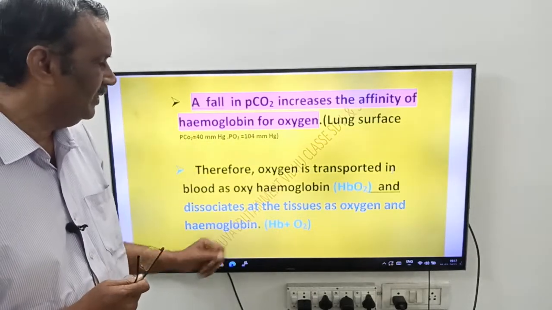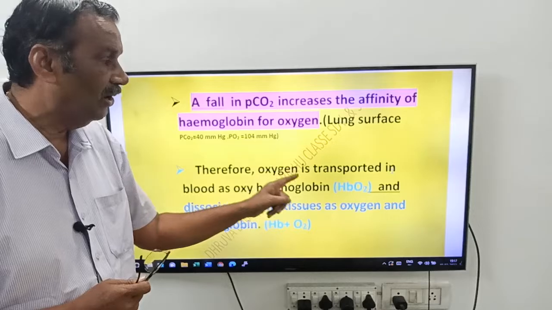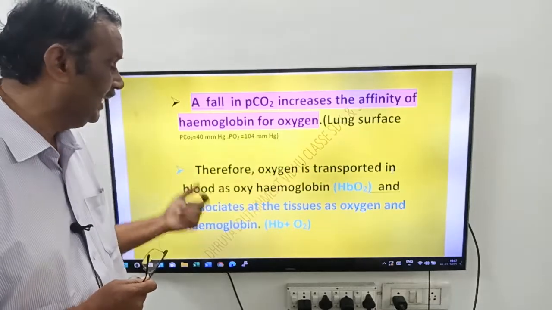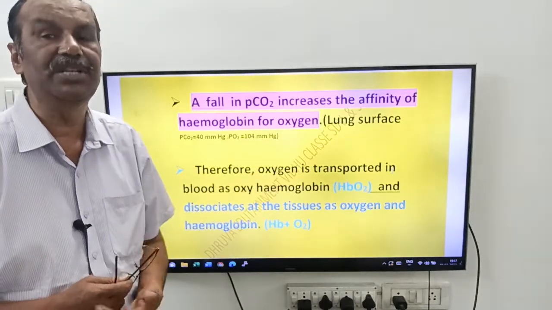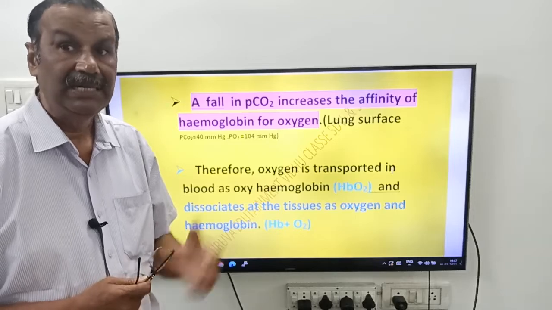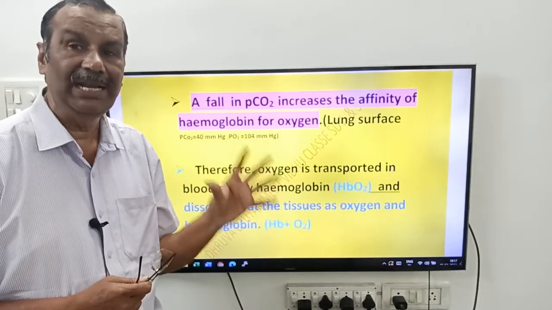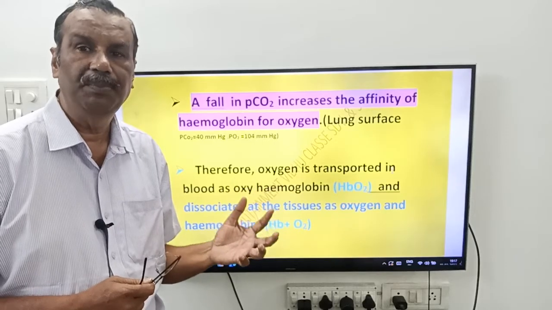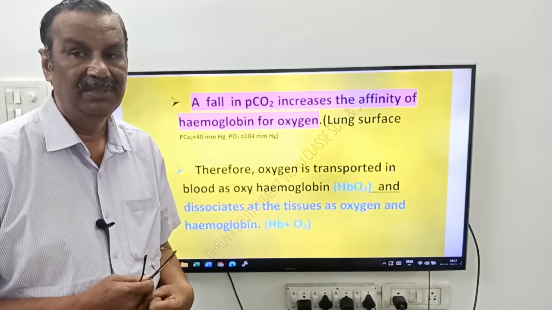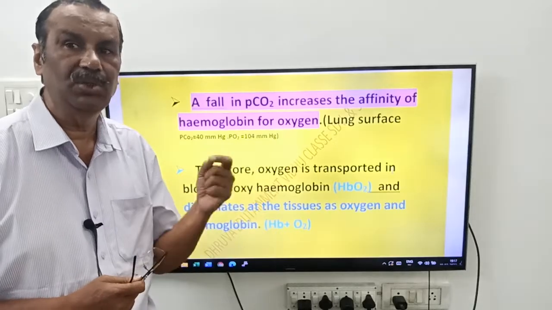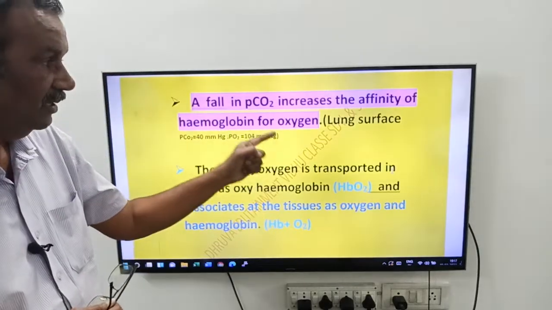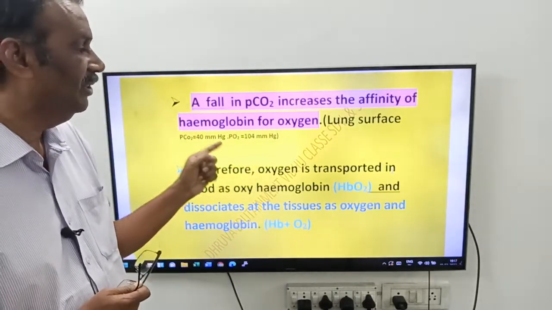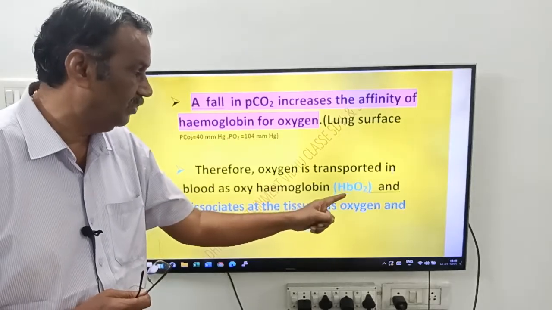Due to this, the oxygen is transported in blood as oxyhemoglobin, that is HbO2. In the lungs, due to inspiration, the inhaled air has more oxygen and less carbon dioxide. Due to that, the hemoglobin combines with the oxygen and forms oxyhemoglobin.